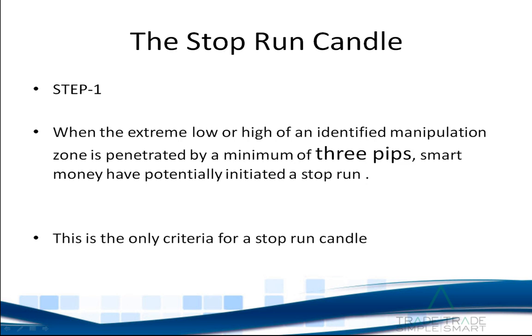Once we've identified a manipulation zone or a confluence of technical indicators falling within a relatively narrow price range, and we see price action penetrate the zone by a minimum of 3 pips, this is the potential start of a stop run. And in terms of the stop run candle, this is the only criteria: the violation of the identified area by 3 pips.